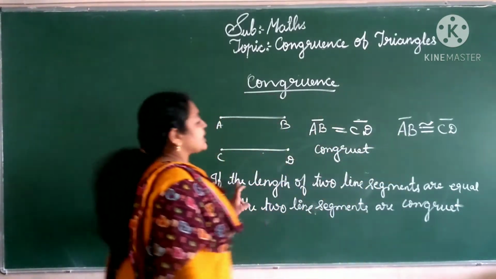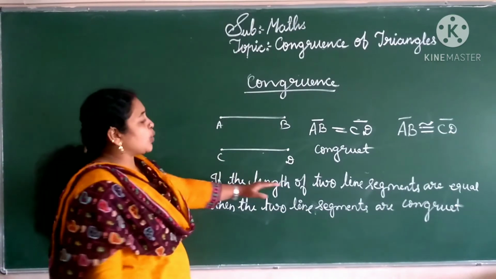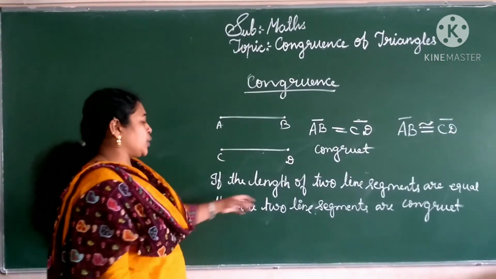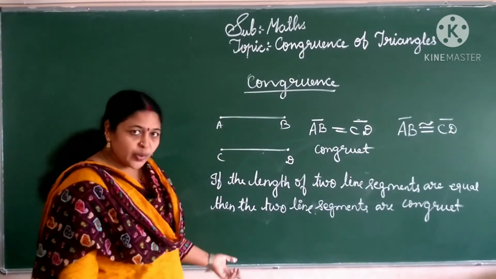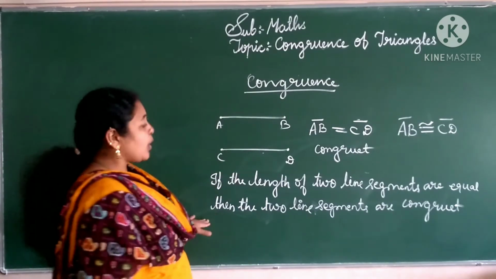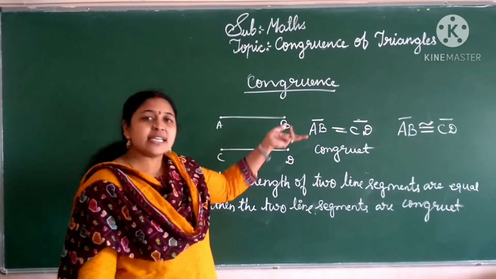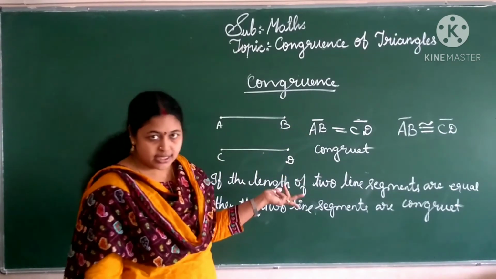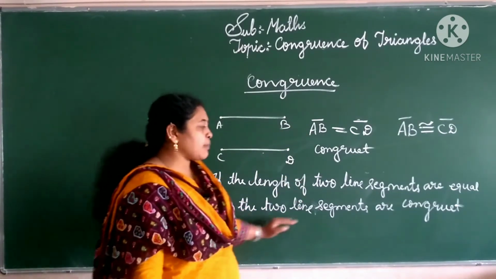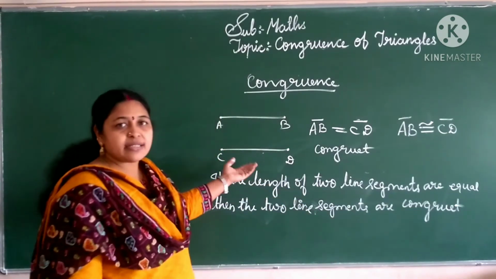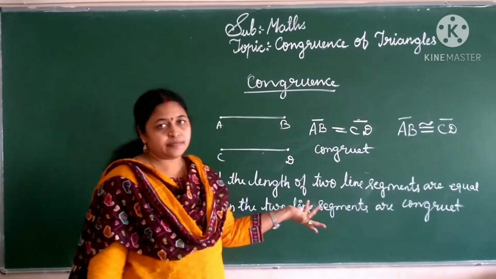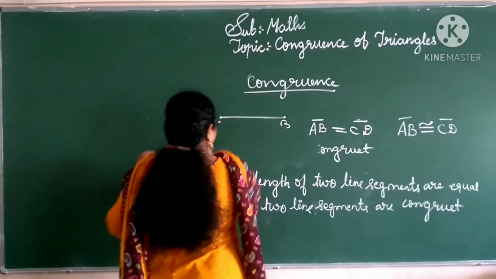If the lengths of two line segments are equal, then the two line segments are congruent. On the other hand, if two line segments are congruent, then their lengths are equal. Is it clear?